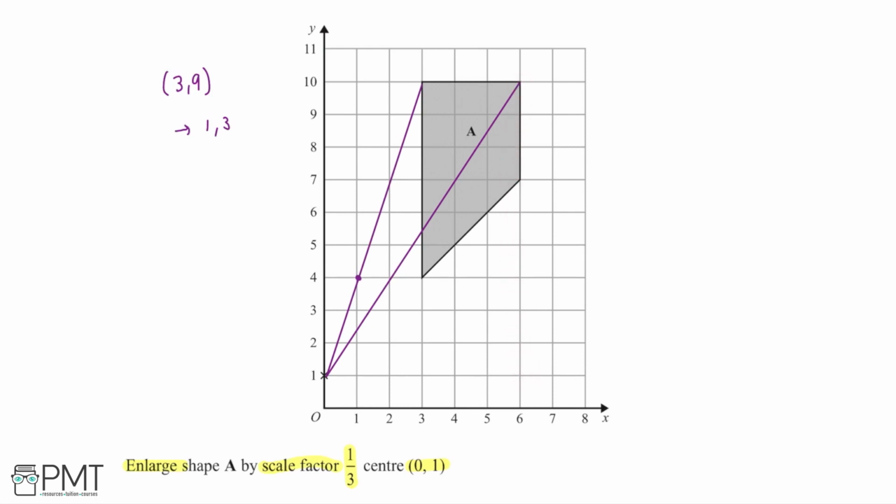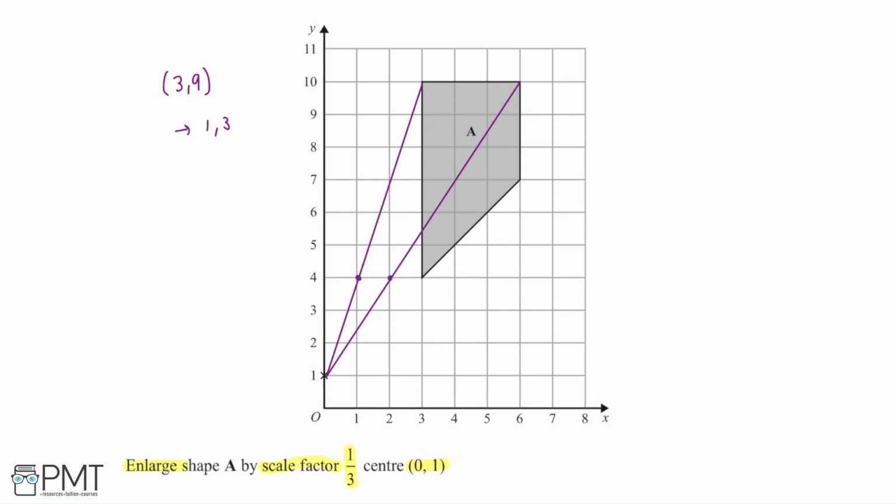So if we multiply this by a third, we have 6 multiplied by a third, which gives us 2 across, so 2 in the x-axis, and then 9 multiplied by a third gives us 3 up in the y-axis. So we reach this point here, which again seems right because we have these 2 points which have the same y value here, and then we're going to have that side here, which is going to be a third of this because we have 3 squares here and just 1 here.